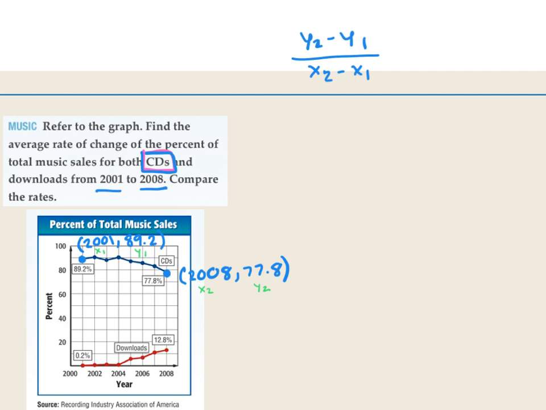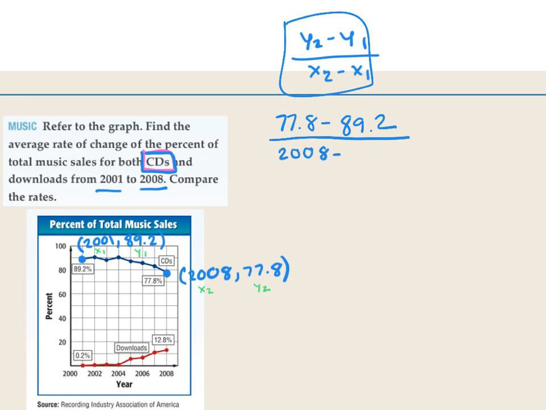So now we plug everything into our rate of change formula. So we have our y2, which is 77.8, minus the y1, which is 89.2. And then that is over x2, which is 2008 minus 2001. So 77.8 minus 89.2 would be negative 11.4.